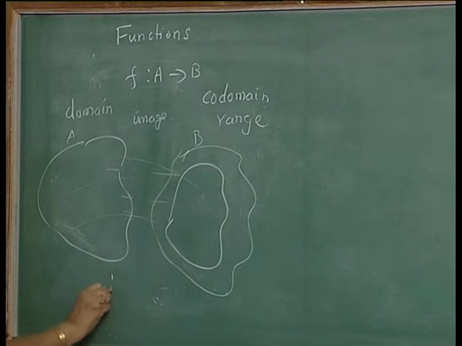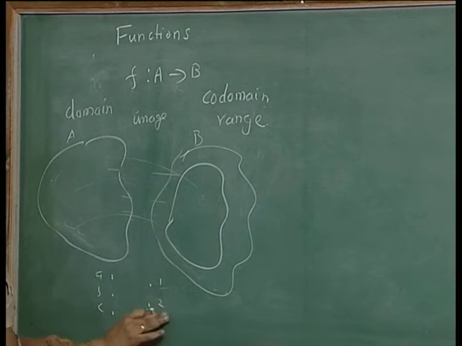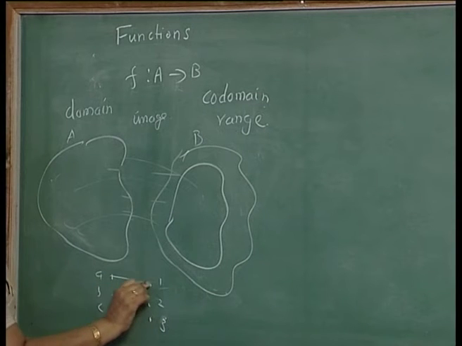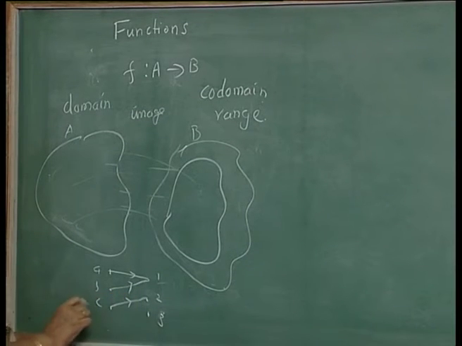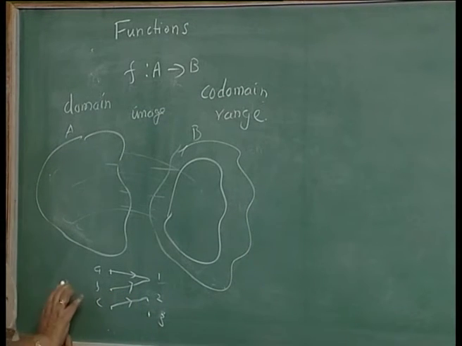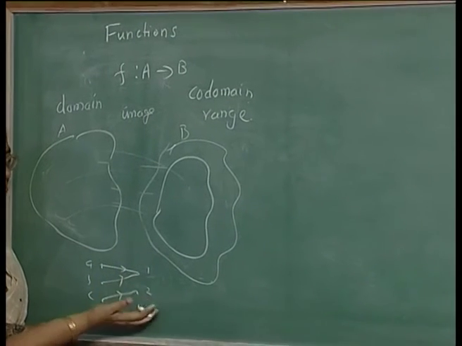For example, if you take these 3 elements a, b, c and 3 elements 1, 2, 3 here, a will be mapped onto 1, suppose b is also mapped onto 1, c is mapped onto 2, then the image of the whole set is only 1, 2, a subset of this set.